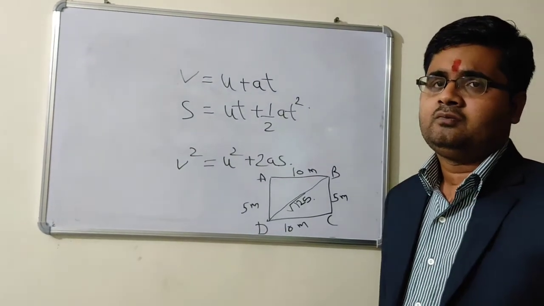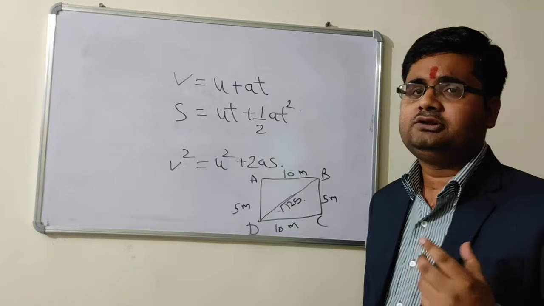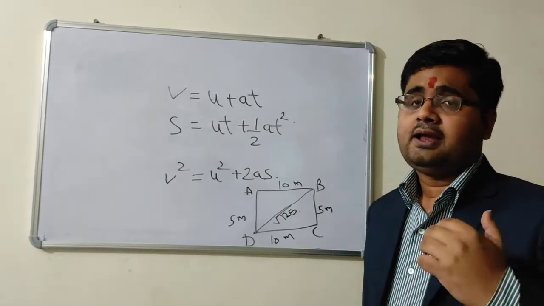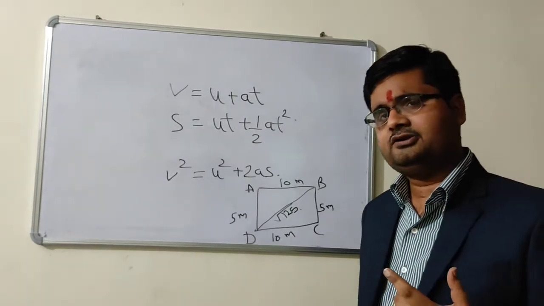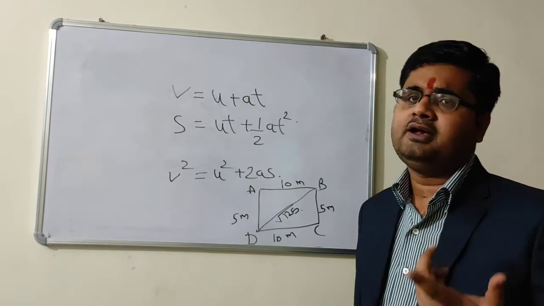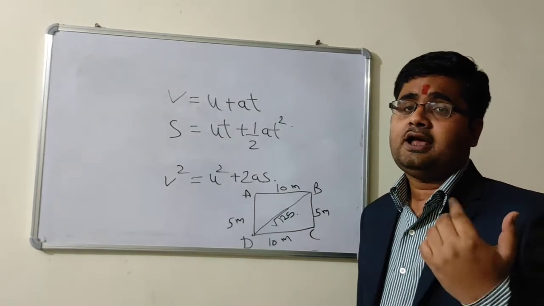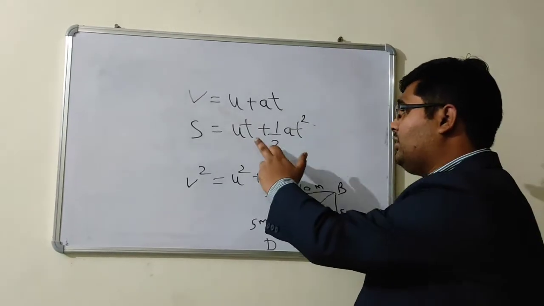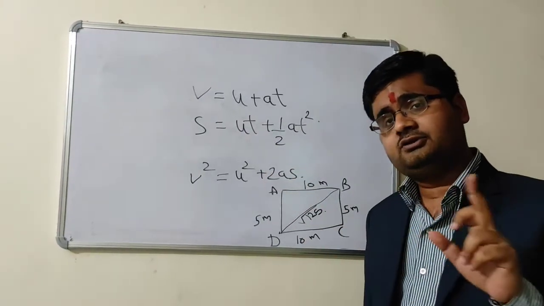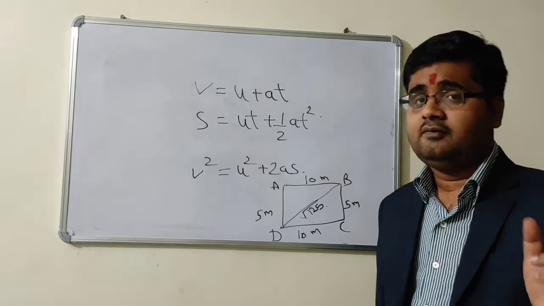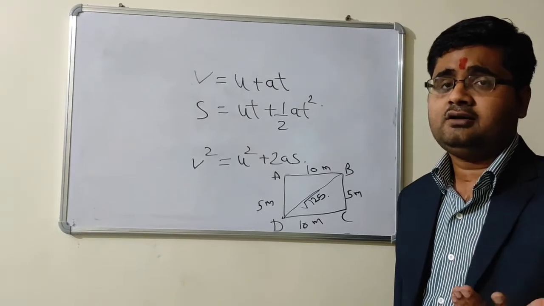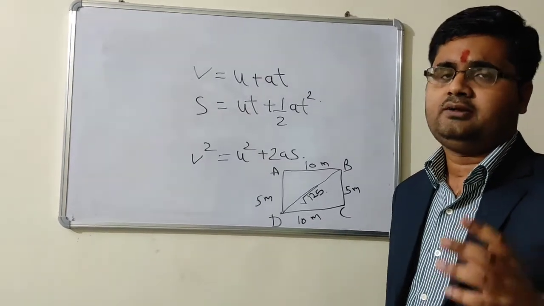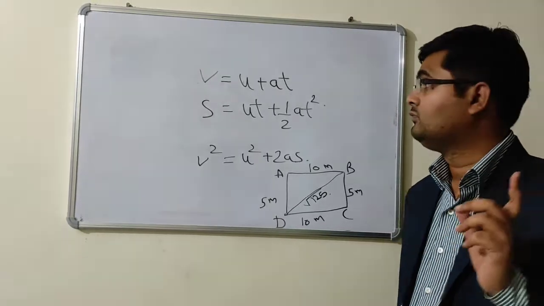At that time, the initial velocity you will consider as 0, and it attains a speed of 10 meters per second in 5 minutes. So 10 meters per second is your final velocity. U is your initial velocity, when the body is at rest. This word will come into play in your questions.